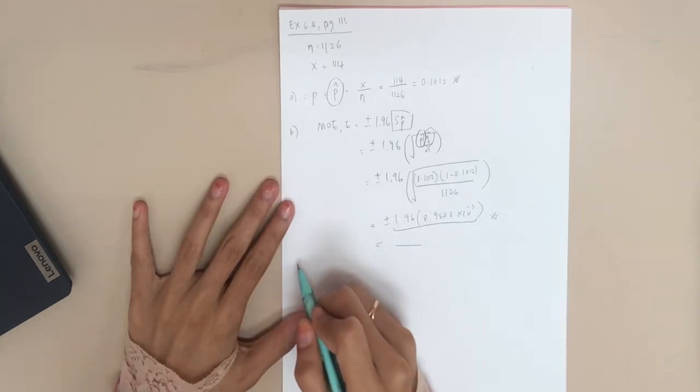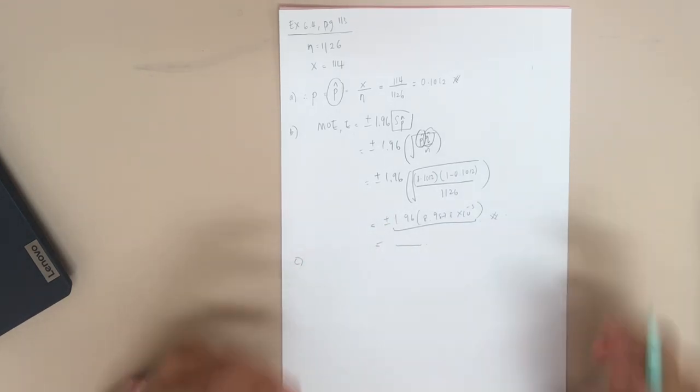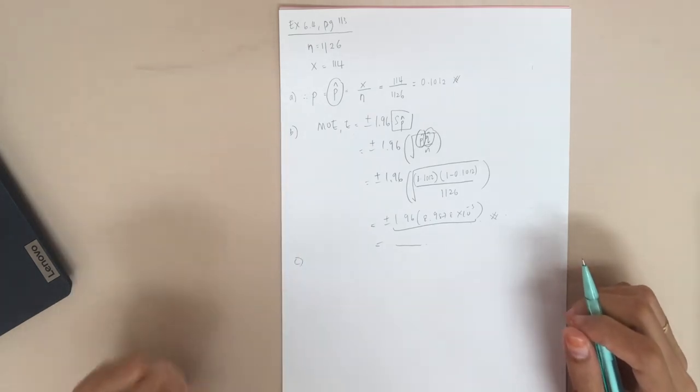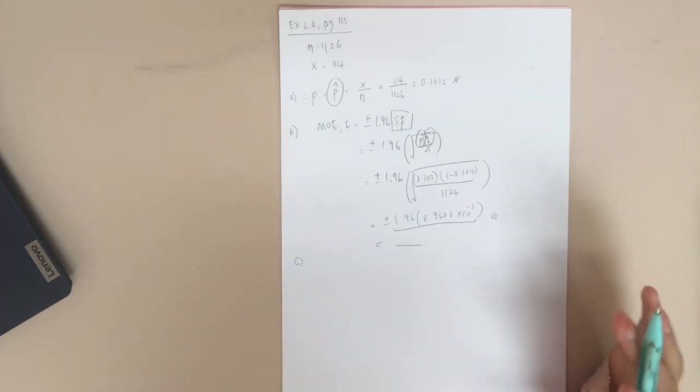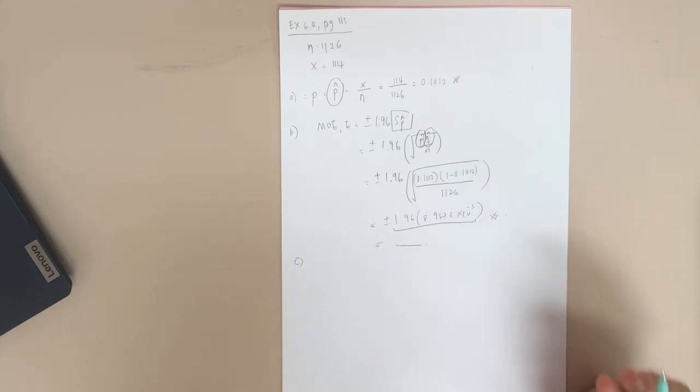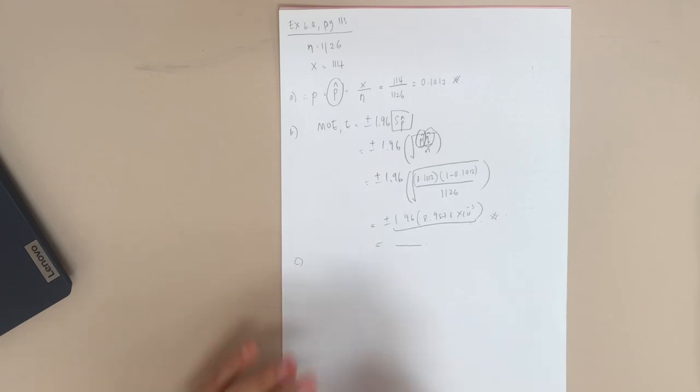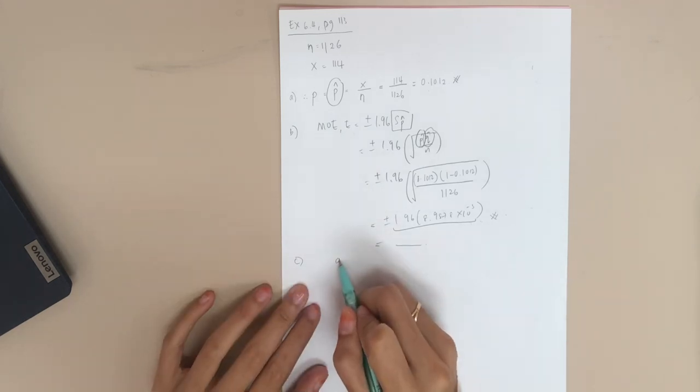Alright, C, we go to the last question for example 6.4. Construct a 97.3% confidence interval for the proportion of non-conforming unit. Class, now it comes to interval. So you need to identify what is your alpha.